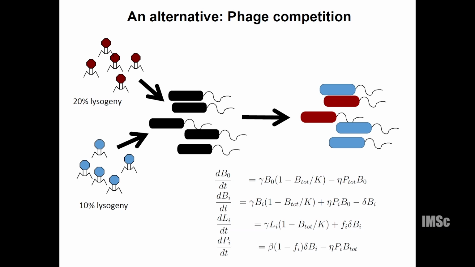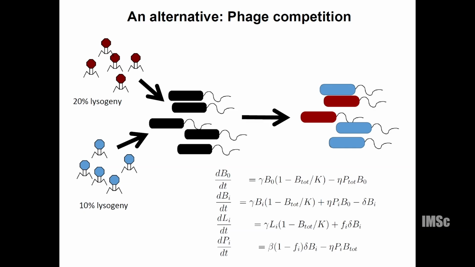So we can write down a set of equations for the bacteria that are not infected, the bacteria infected by the blue phage, and the set of those bacteria that have gone into the dormant state. L represents the lysogens, the lysogenic bacteria which have gone into those states.